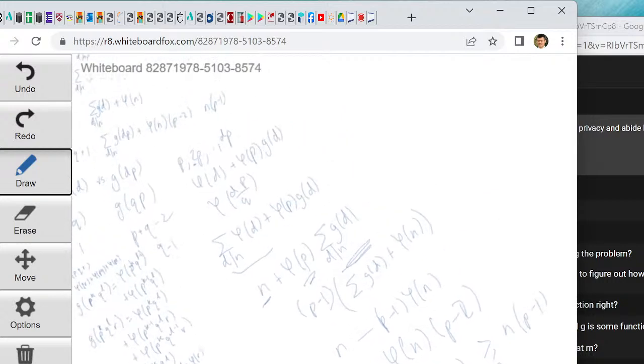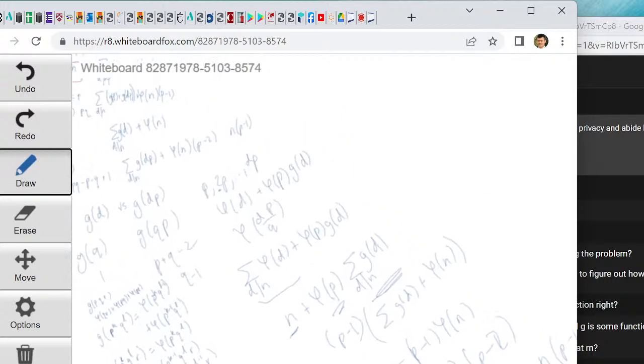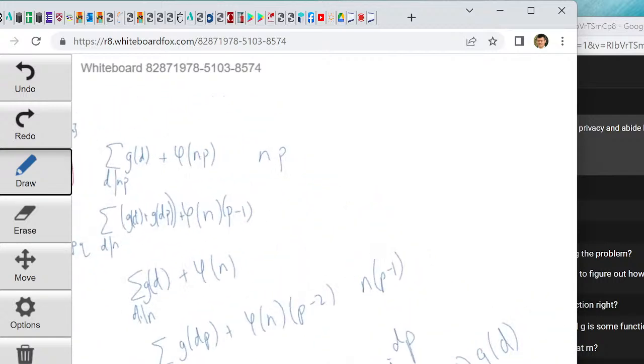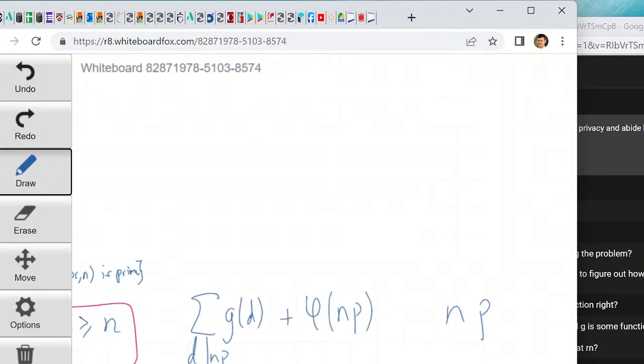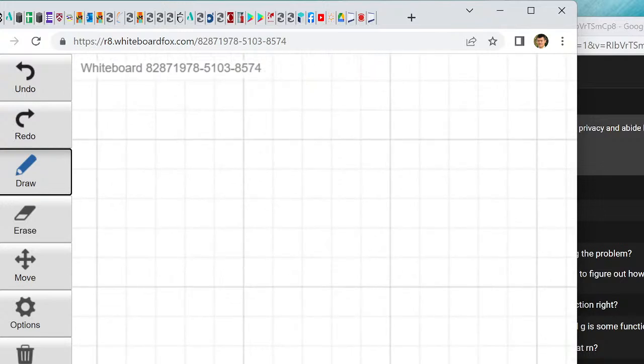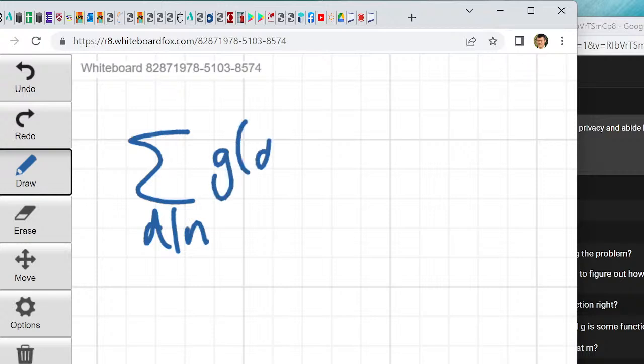Let's review these steps. Now that we know what kind of formulas to expect. So we have the sum over D dividing N of G of D. This is NP now. Plus phi of NP.